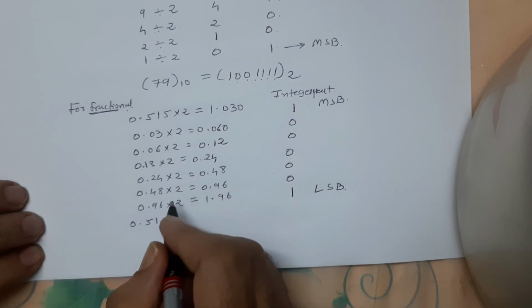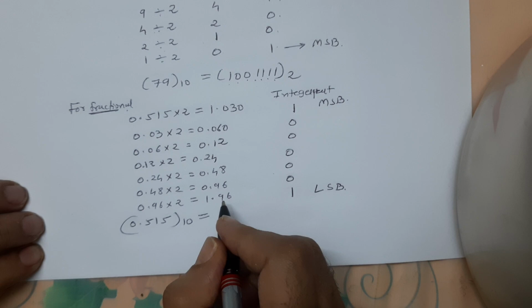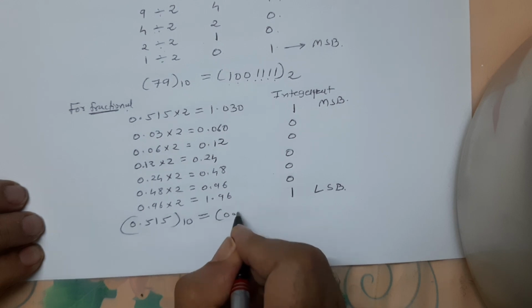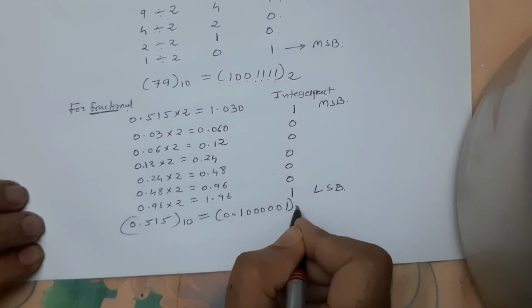So we can write 0.515 decimal is equal to 0.100001 binary.